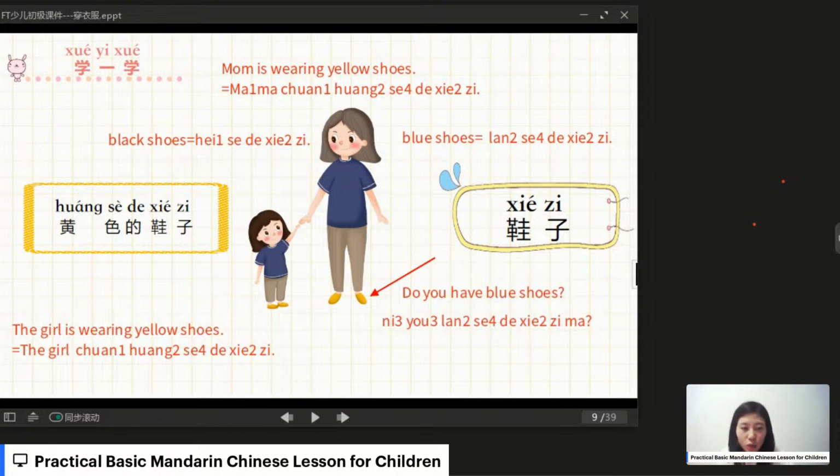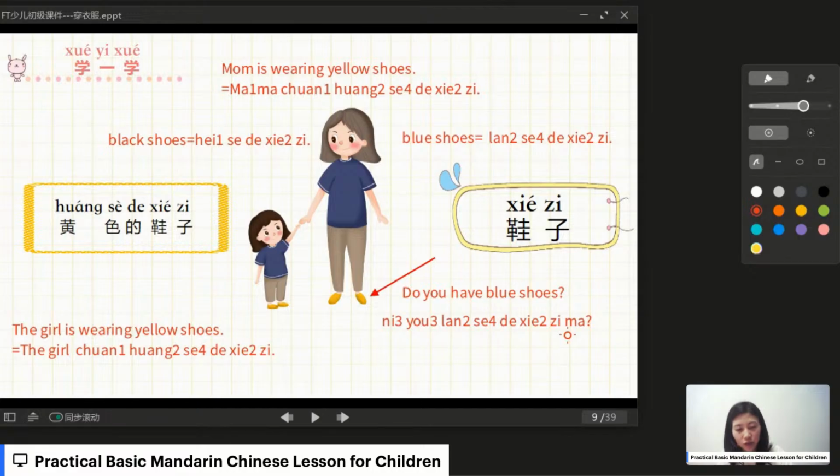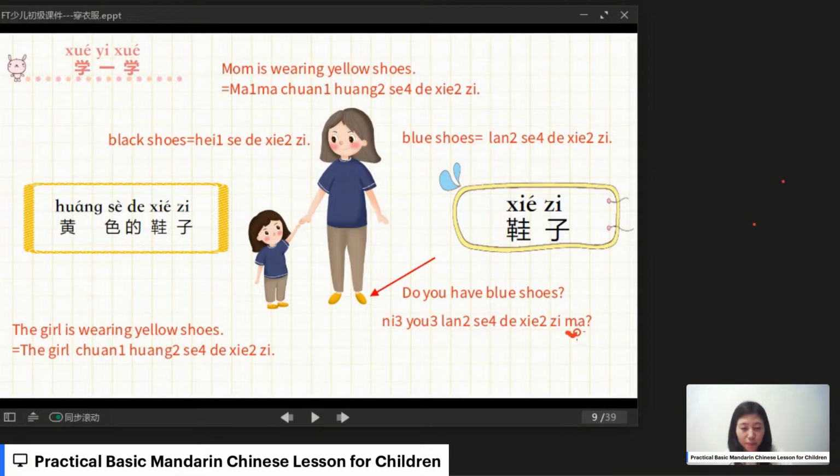So you can see here, when we ask people if they have something, we just use a very simple structure. We just put ma at the end of the sentence, and the verb in the question is have. Have in Chinese we say 有. So do you have is 你有 plus something, plus 吗.